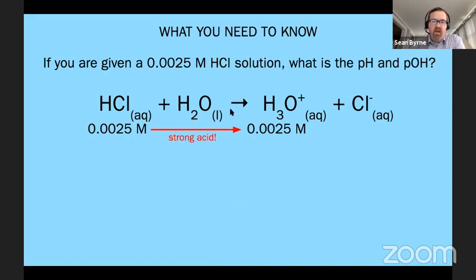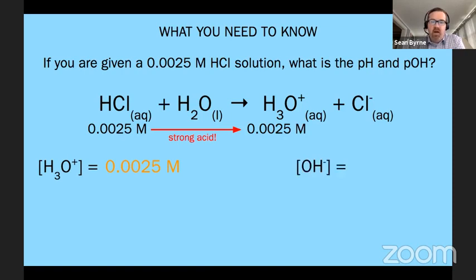This is why I can write an arrow here instead of an equilibrium symbol, and why I can assume that the concentration of hydrochloric acid is the same as the concentration of the hydronium ions here. So the first step of this is solved for us pretty easily just by using our chemistry knowledge and no math at all. I promise you tomorrow that first step will get a little bit trickier, so making sure that we're comfortable with it today is probably a great idea.